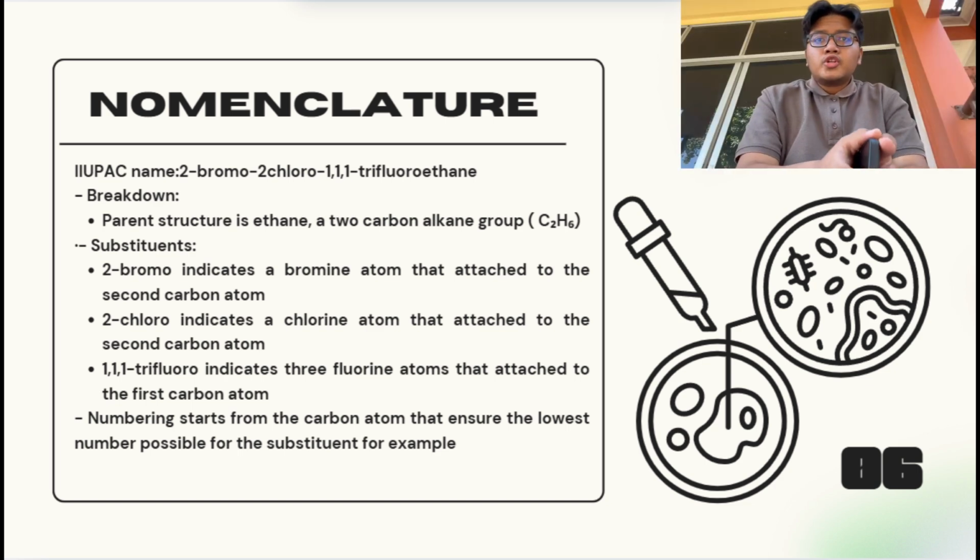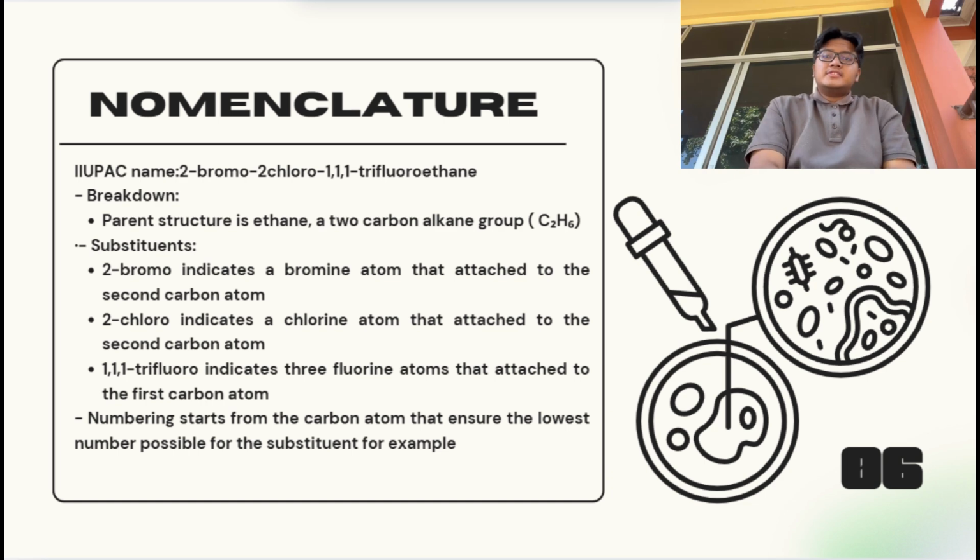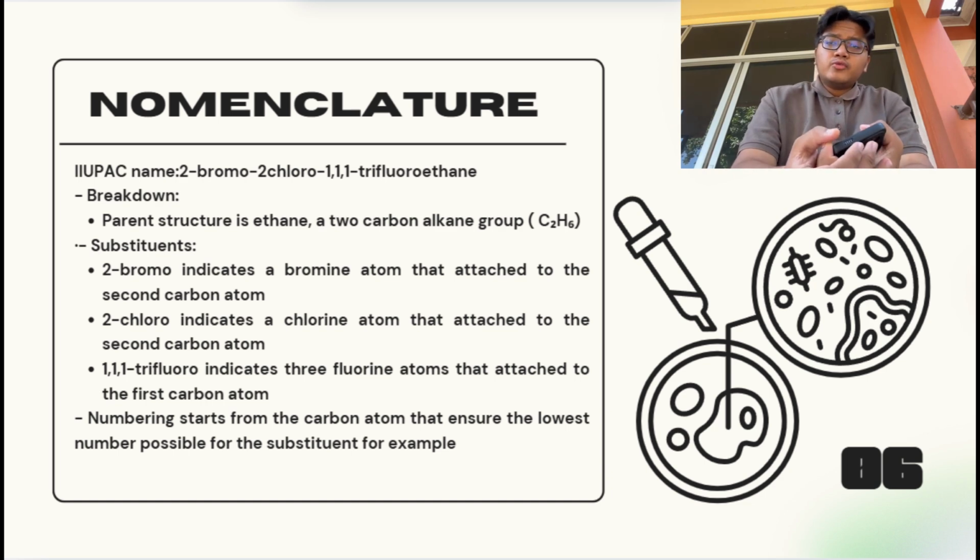Okay, next, nomenclature. The IUPAC name for HELYATI is 2-bromo-2-chloro-1,1,1-trifluoroethane. First, HELYATI needs to be broken down. The parent structure is ethane, a 2-carbon alkane group, C2H6.